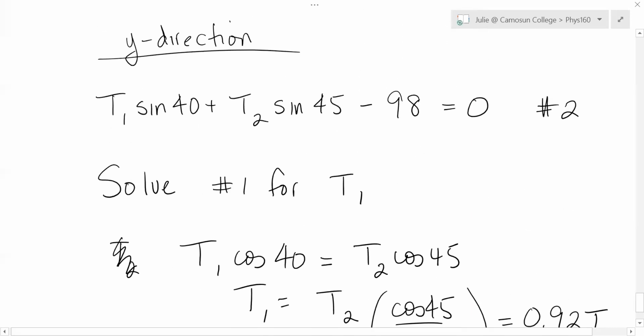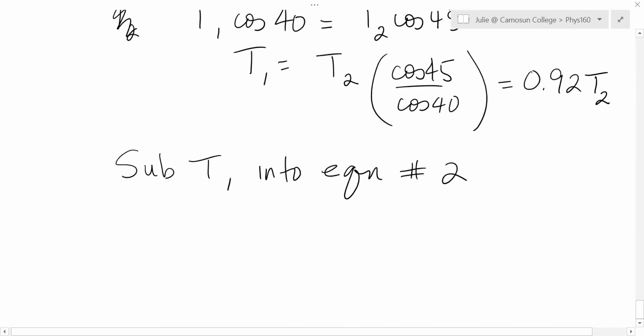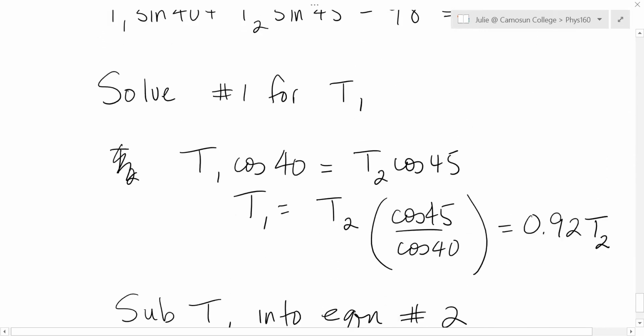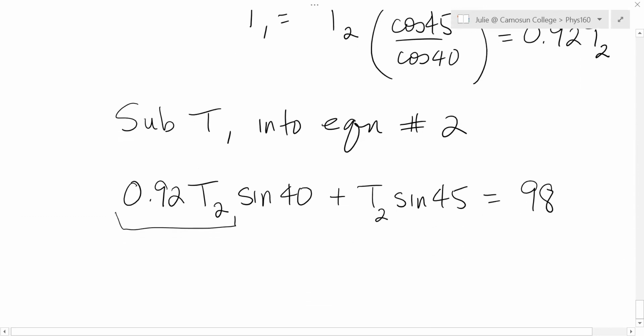Okay, so go back to equation 2 and it says T1 sine 40 plus T2 sine 45. So instead of T1, I'm going to write 0.92 T2. Don't forget the sine 40. Plus, so this is my T1. And then T2 sine 45 must equal 98 newtons, because I took the negative 98 to the other side.